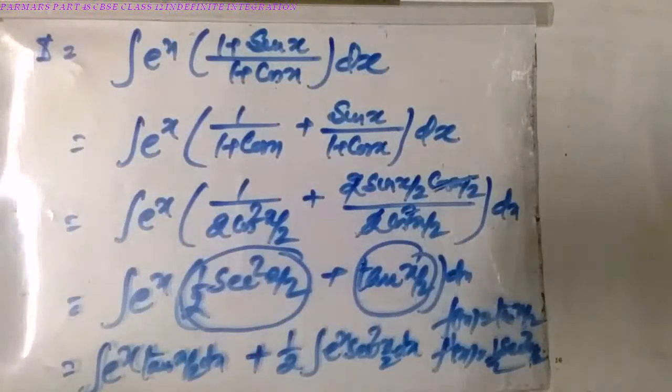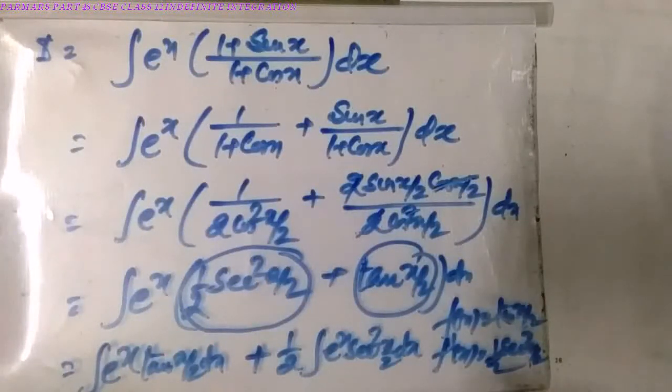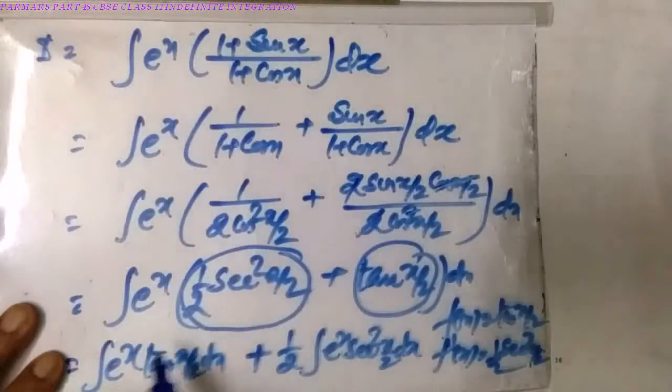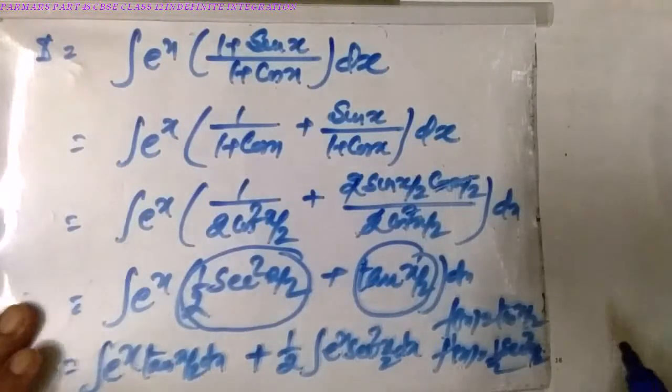I am going in detail. Otherwise, if it is a 2 marks question and we have done 1 or 2 steps, from here you can write down the answer is e^x tan(x/2) + c by using integration of e^x [f(x) + f'(x)] dx as e^x f(x) + c.